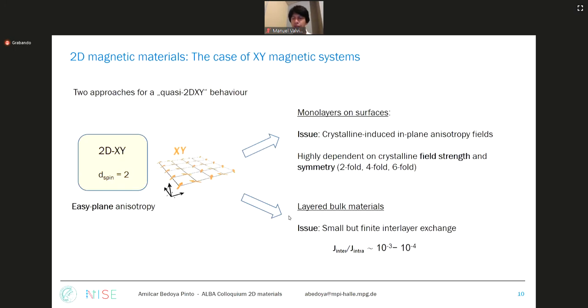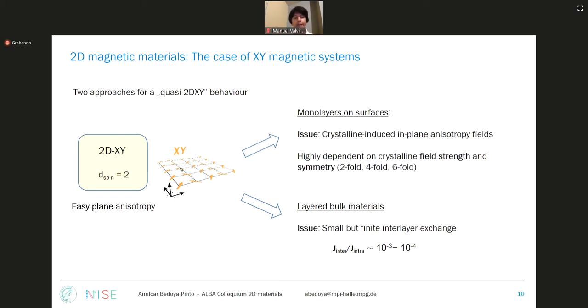Actually, that's one question that has been pointed out much longer before, because it's very difficult to attain this kind of 2D XY behavior. Why? Because usually any type of perturbation of your magnetic system will tend to direct the anisotropy to the uniaxial case.